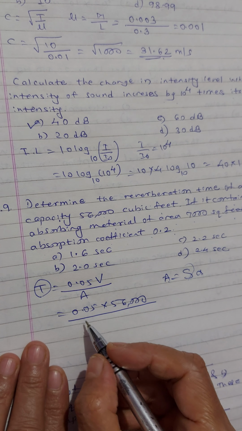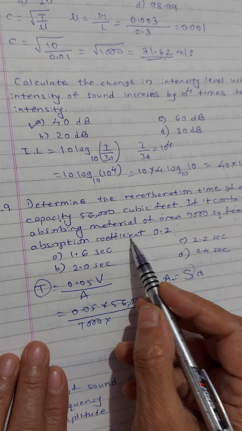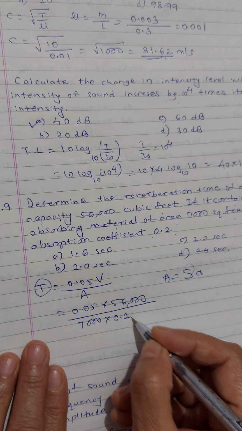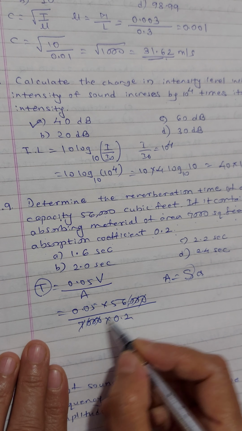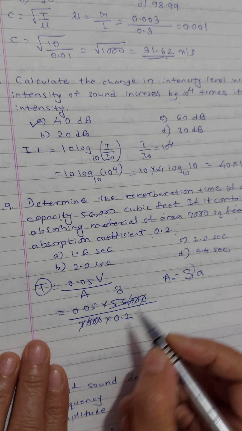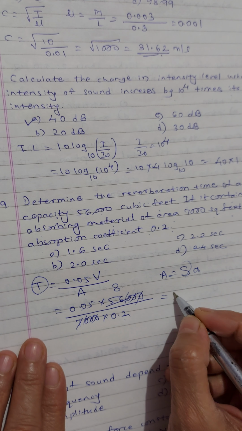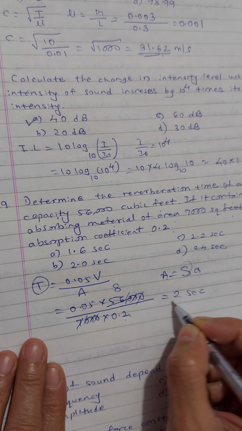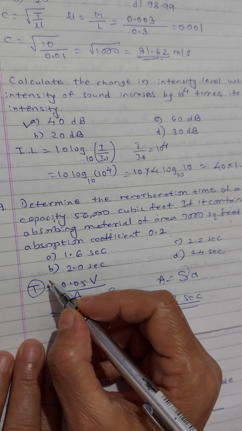So S is 7,000. And absorption coefficient 0.2. So if you simplify this, cancel this 3 with this 3, 7, 8 are 56. So multiply this and this is 0.2. You get the answer to be around 2 seconds exactly. Check it out. So therefore answer B is perfect.